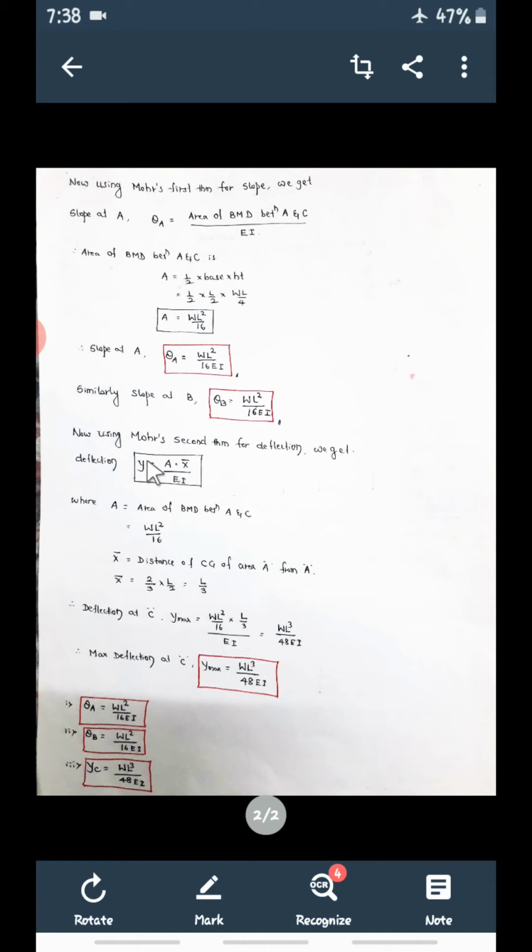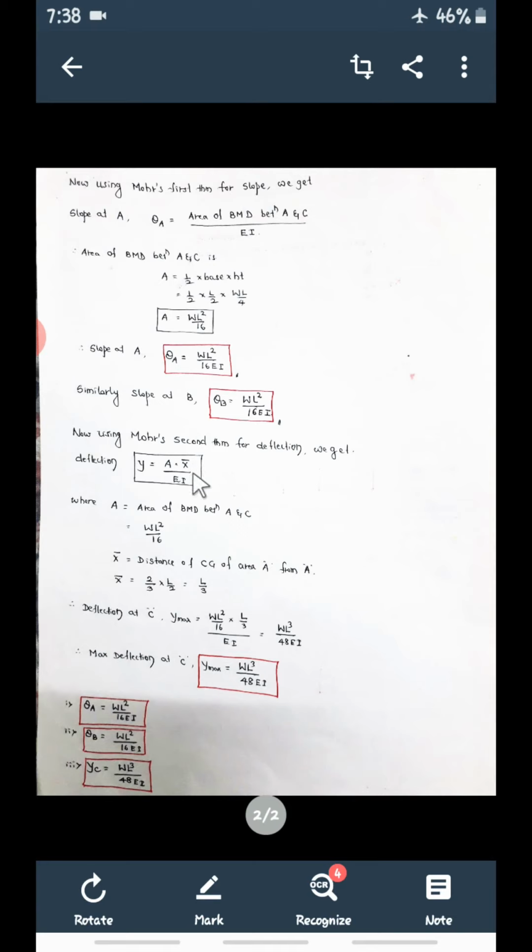What the second theorem states is that deflection y is equal to A into x bar divided by EI. Remember, A into x bar divided by EI. Whatever A we have calculated is the area; area divided by EI, multiplied by x bar.